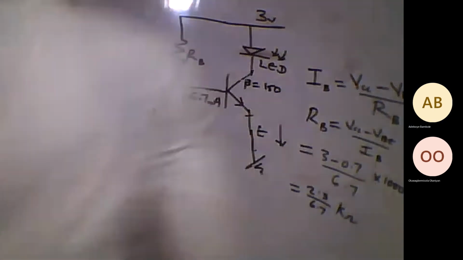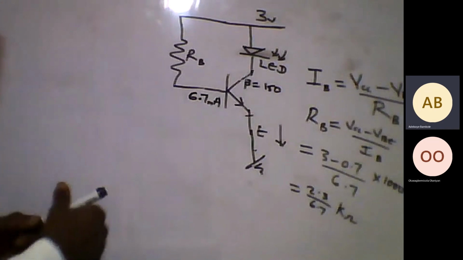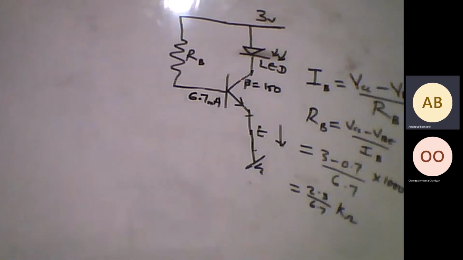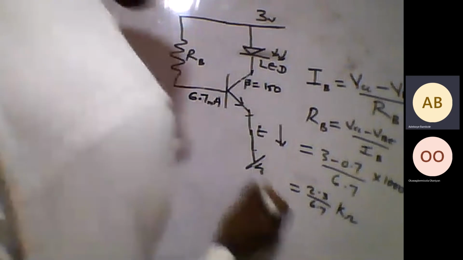What's the answer? 3 minus 0.7. 0.343, sir. 0.343 kilo ohms.